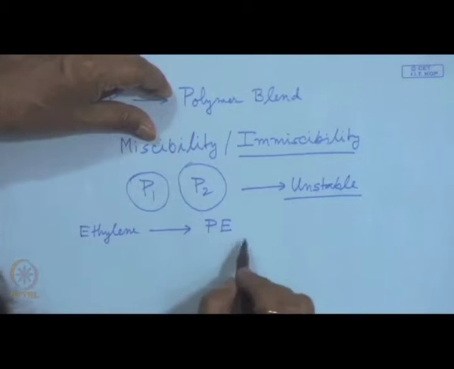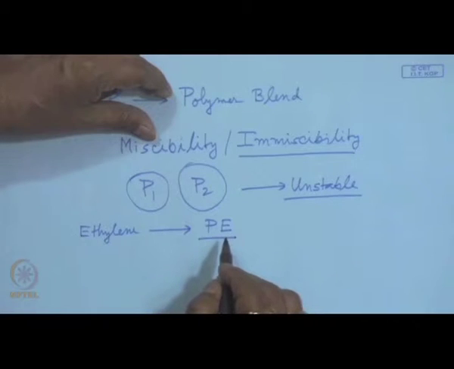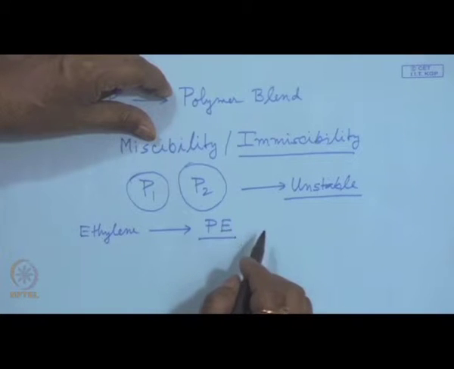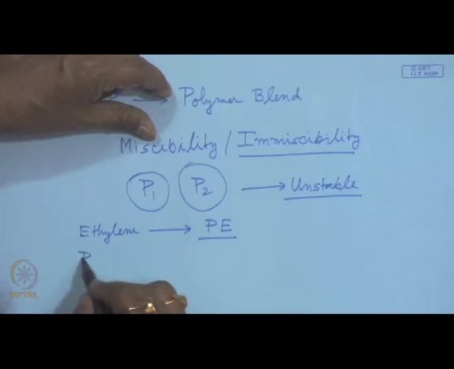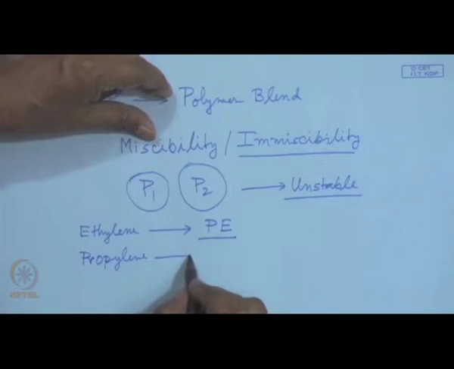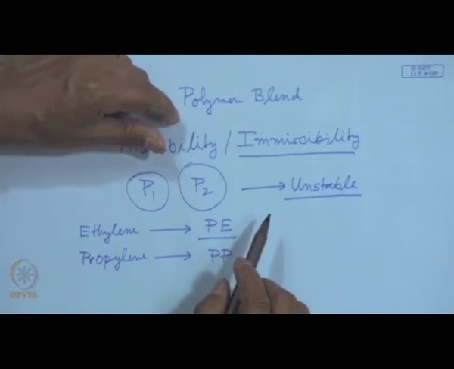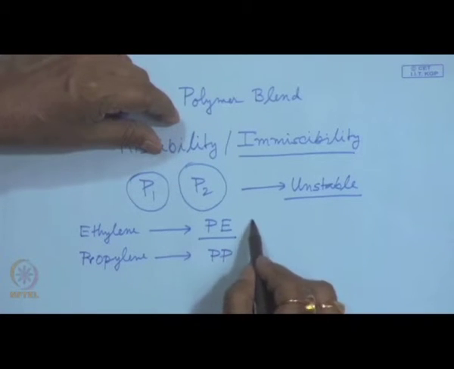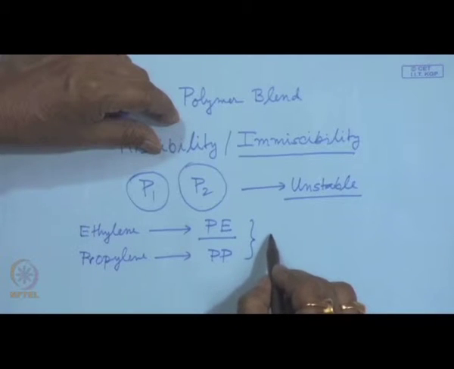Those are all homopolymers, but the different grades differ from each other in terms of their microstructure, molecular weight, branching, non-branching, density, and so on. Similarly, propylene also gives a homopolymer, polypropylene. These are known as very good plastics.